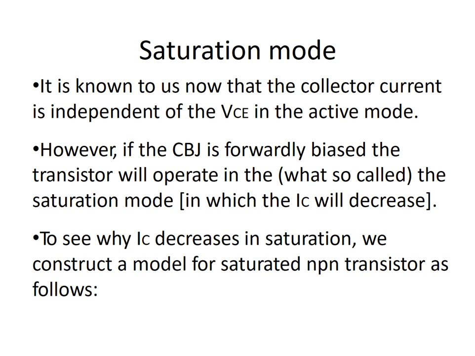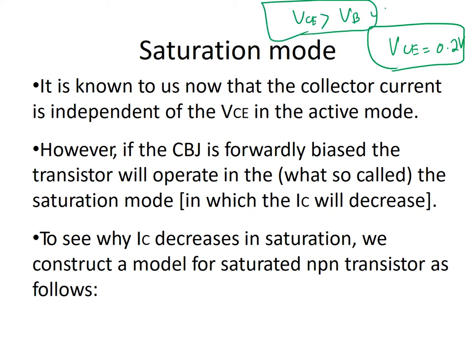Usually in saturation mode, the value of the collector emitter voltage we take as 0.2 volt, like we did in the earlier example. And for the active mode, your collector emitter voltage should be greater than the base voltage. So this is the condition of the active mode. If the collector emitter voltage drop is greater than the base voltage drop, it means the base emitter junction is forward biased and the collector base junction is reverse biased, and we are in active mode.